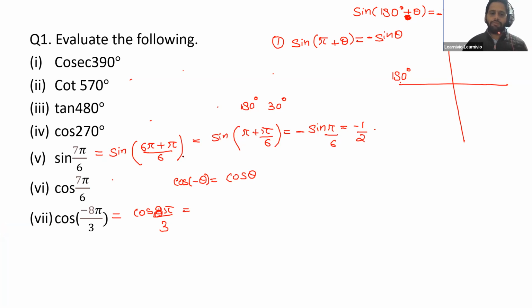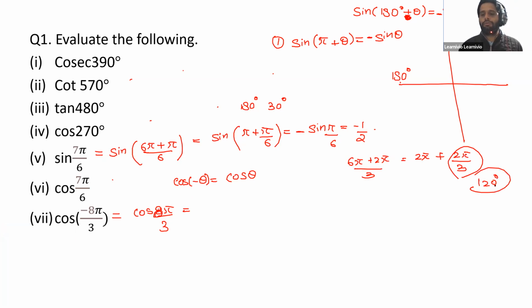If we are doing it this way, 6 pi plus 2 pi by 3, and this gave you 2 pi plus 2 pi by 3, then if you convert this angle into degrees, you will get 120 degrees. Always try to change into an angle so that here you will always get an acute angle, less than 90.